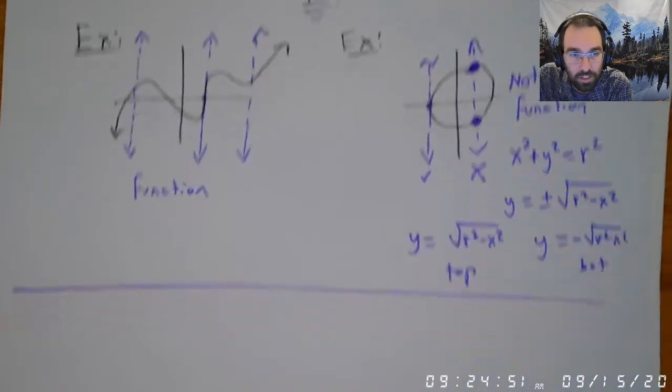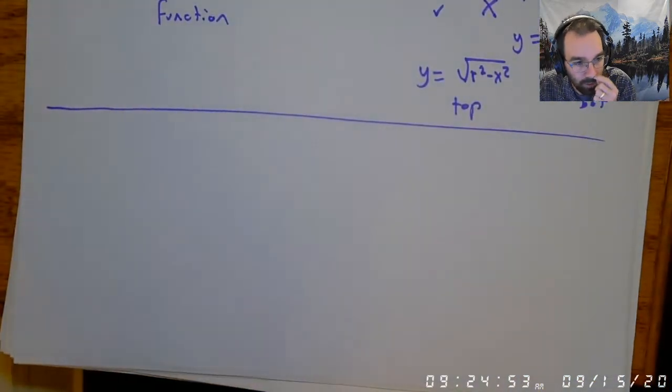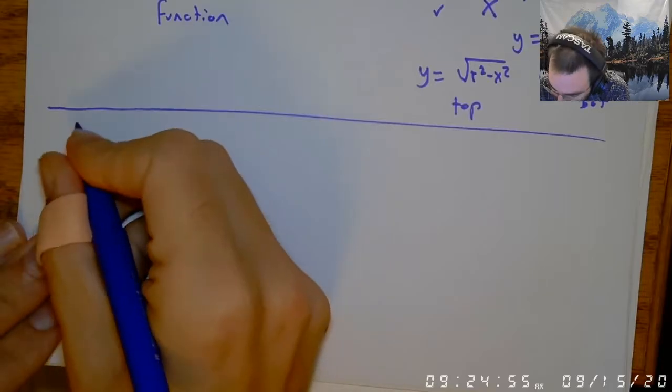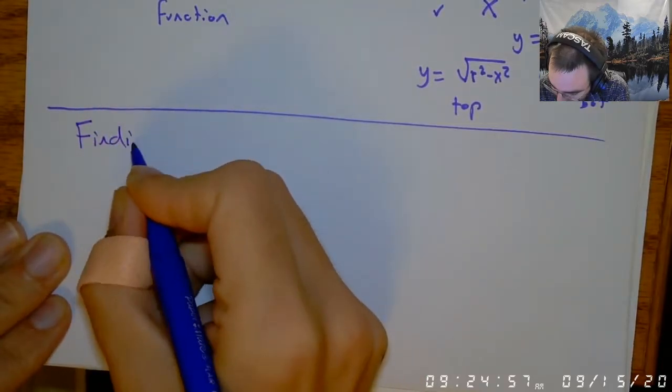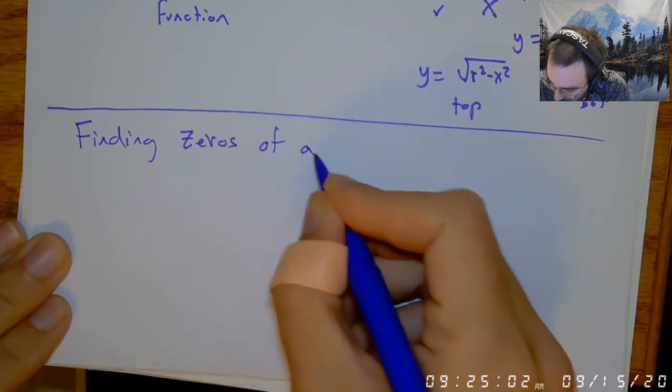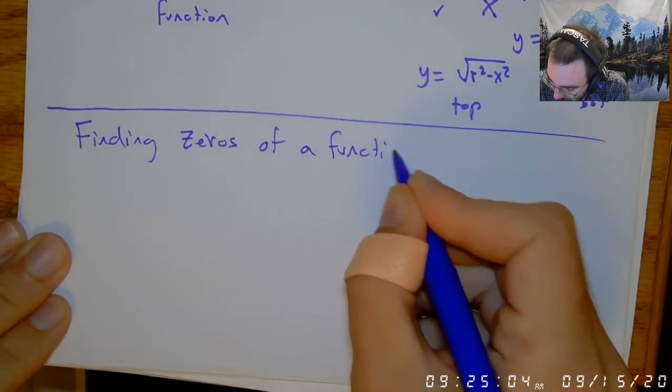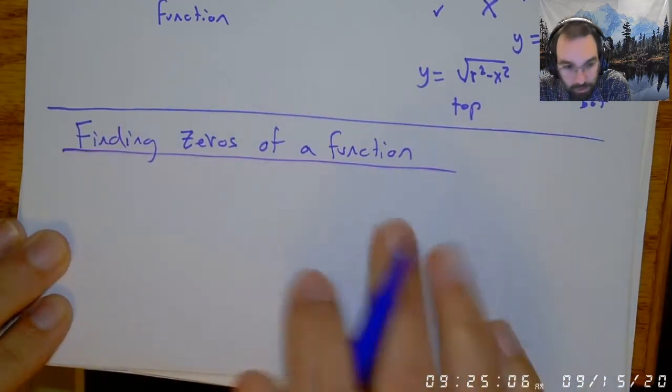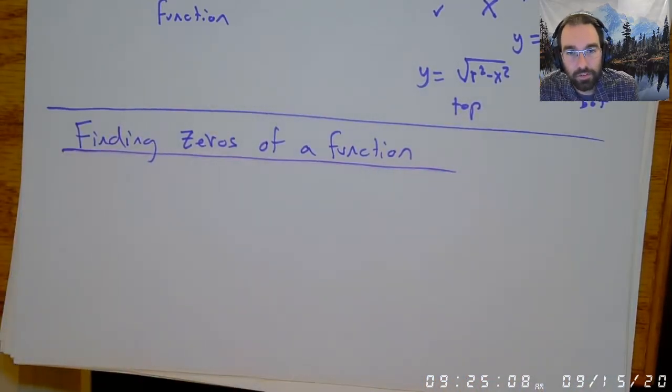So what we're going to be talking about next is finding zeros. When we're finding zeros of a function, part 1.5 is all about output, right?